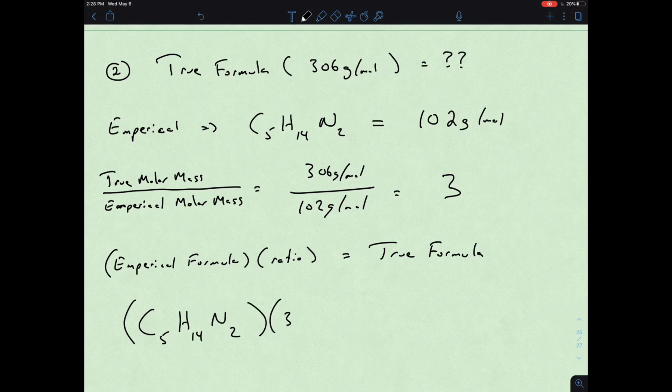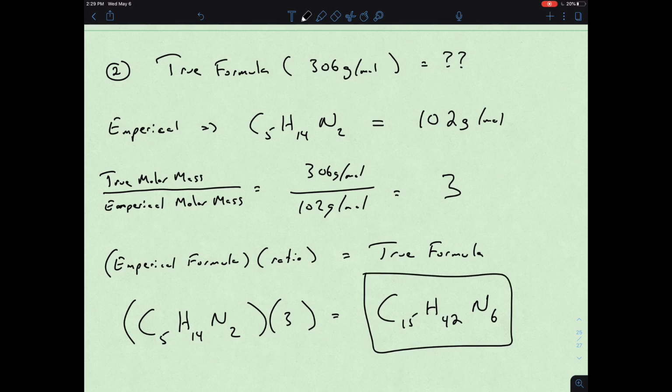I'm multiplying it by 3 to give me C15, H42, and N6 as now the true formula for that process. And so that's how we can now go that extra step to the actual true formula.